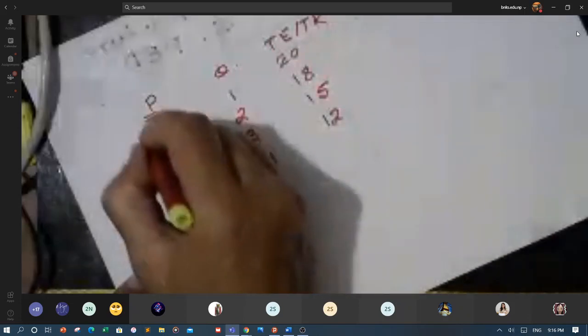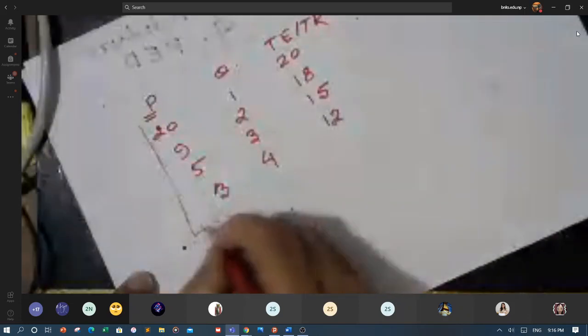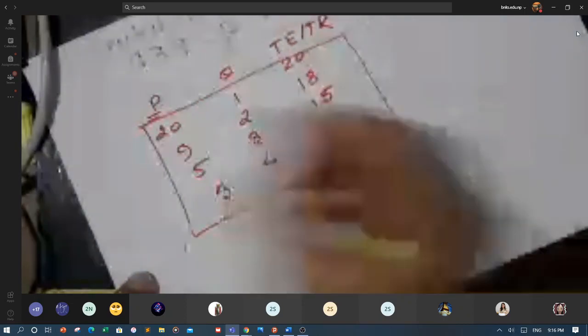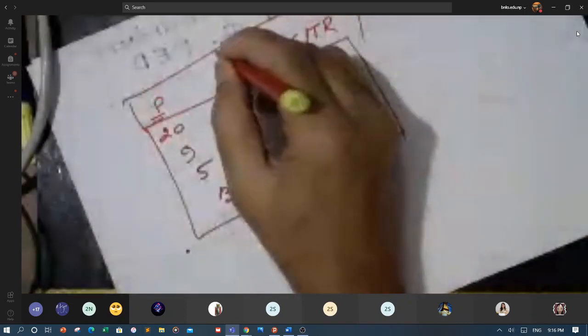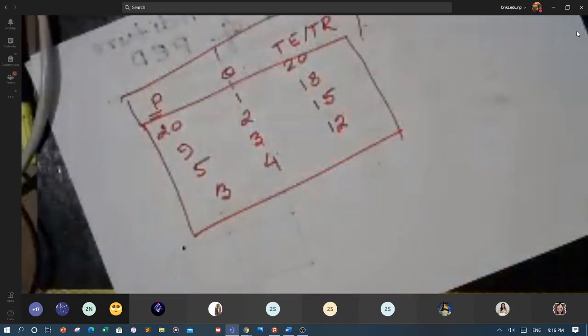So here what you see is with the decrease in the price, what is happening to the total expenditure? Decreasing. Decreasing, then what type of good it is? More inelastic. Inelastic, sir.